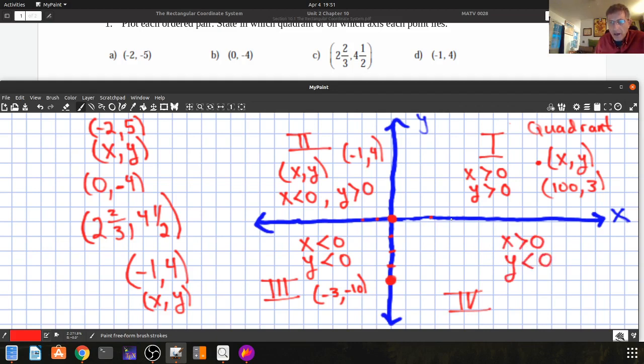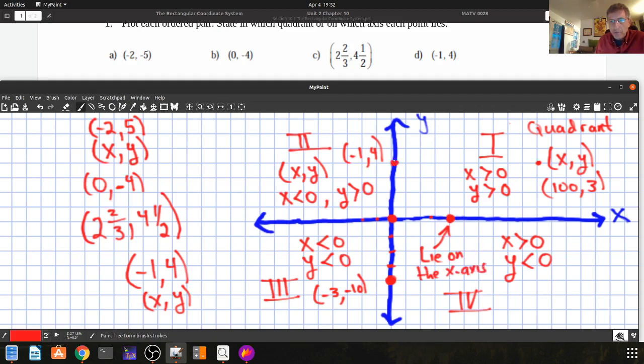Points that lie on the boundaries, for example this point right here, are neither in quadrant 1 nor in quadrant 4. This point is said to lie on the x-axis.